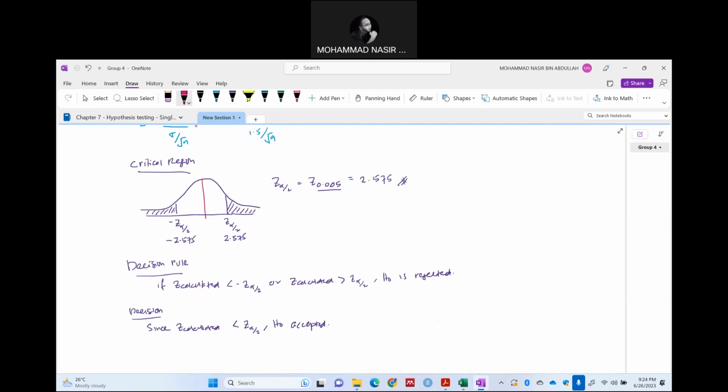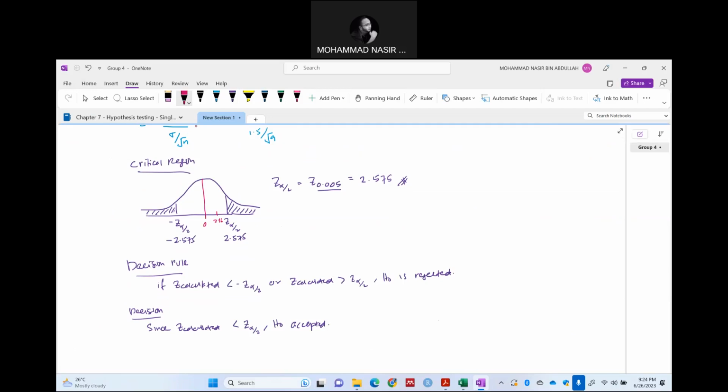This is 0, so 2.16 should be somewhere here. Since Z calculated lies inside the acceptance region, we accept the null hypothesis.